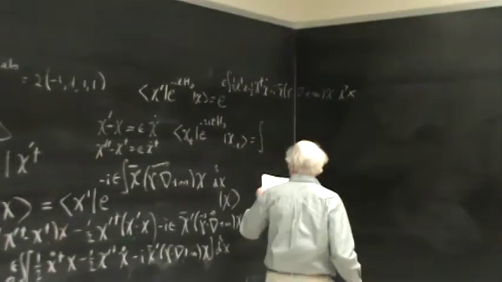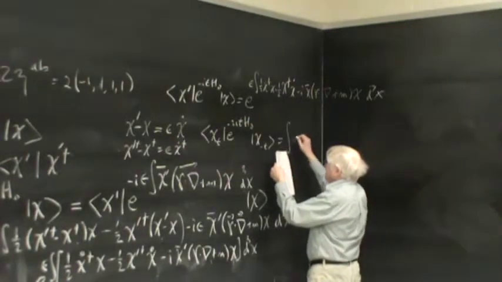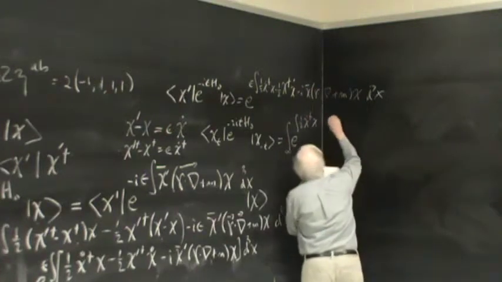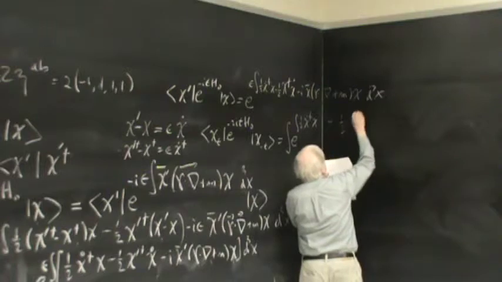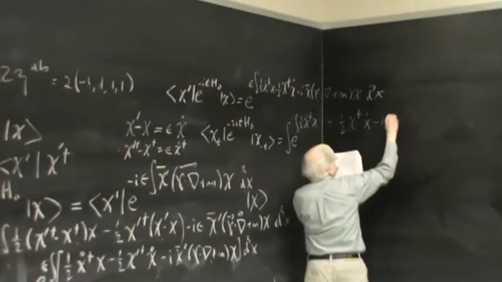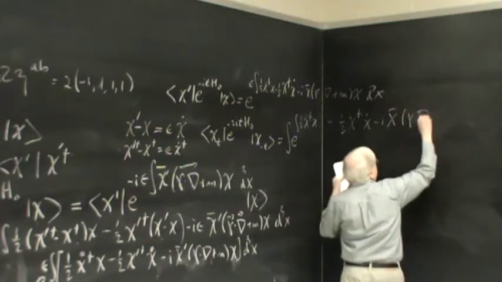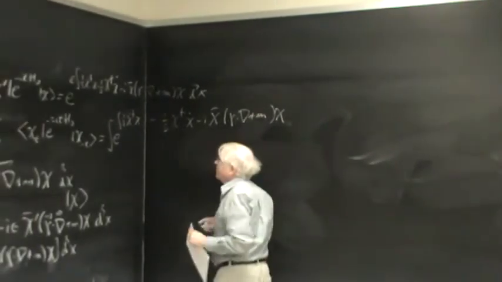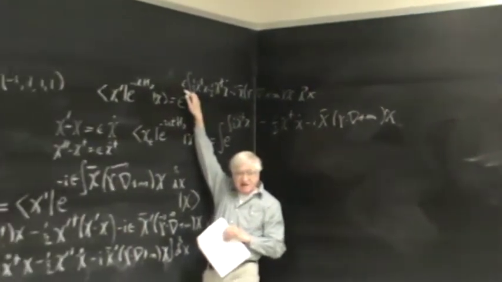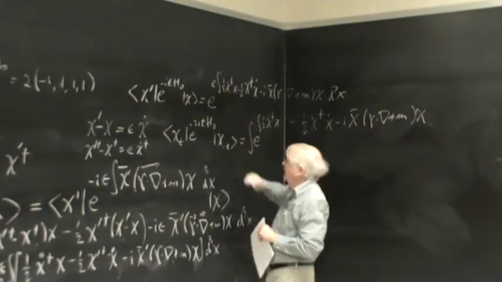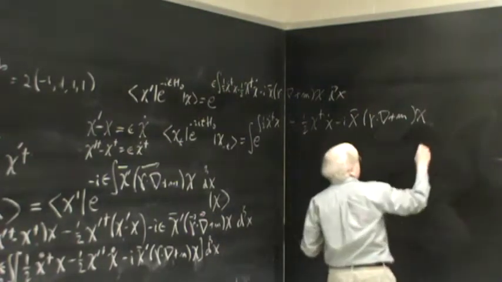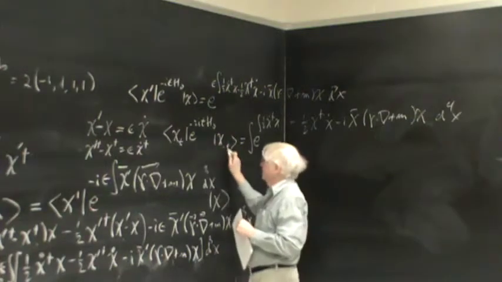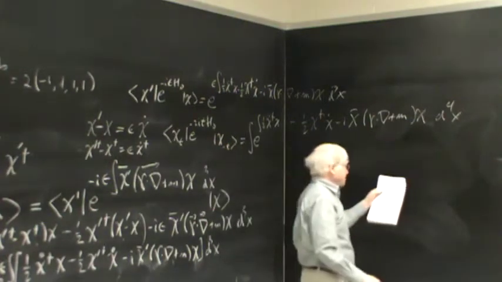And so what we have then is e to the integral a half chi dot dagger chi minus a half chi dagger chi dot minus I chi bar gamma dot grad plus m chi. And now, notice we're thinking of this as dt. And so when we add them all together, we have d fourth x, and this d fourth x is taking us from minus t to plus t, as well as overall space.